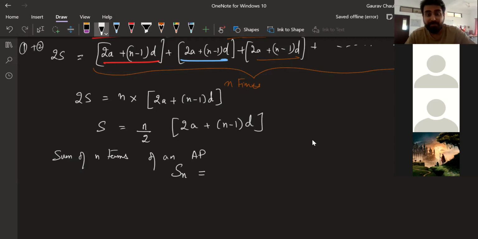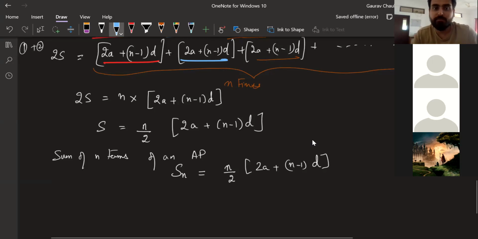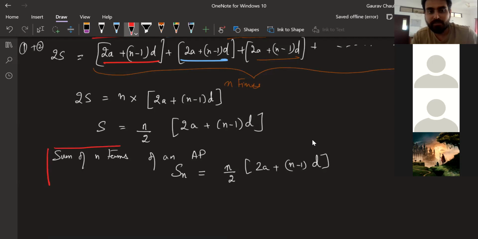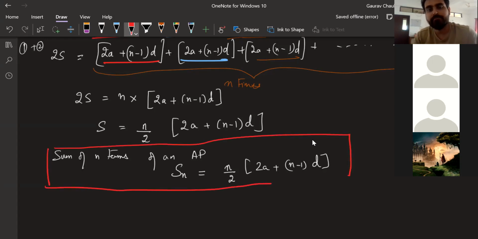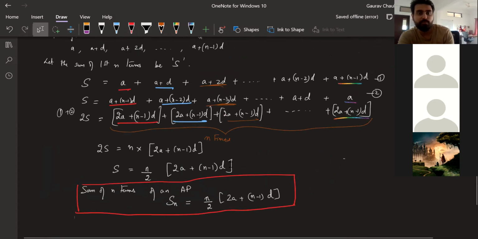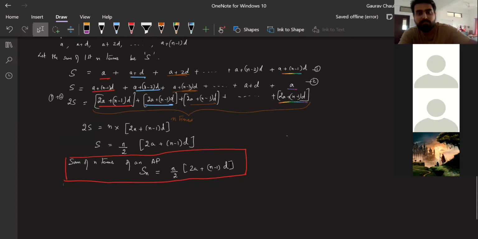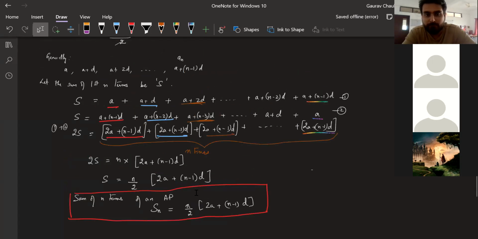Capital S subscript n is equal to n by 2 into 2a plus n minus 1 into d. And I wanted to put this in a box. This is one of the most important formulas of this chapter. Actually, the only little formula in this chapter. Now we're going to see the sum in a few more ways, but that's broadly the formula.